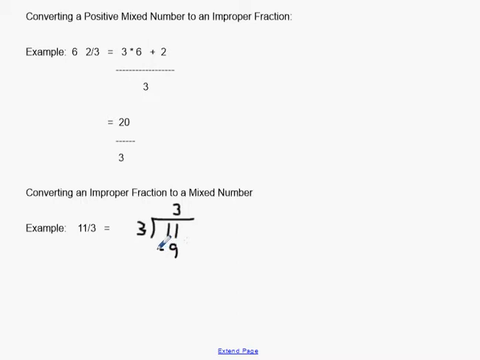Subtract 11 minus 9. We're left with a remainder of 2. We put the remainder 2 over the divisor 3.